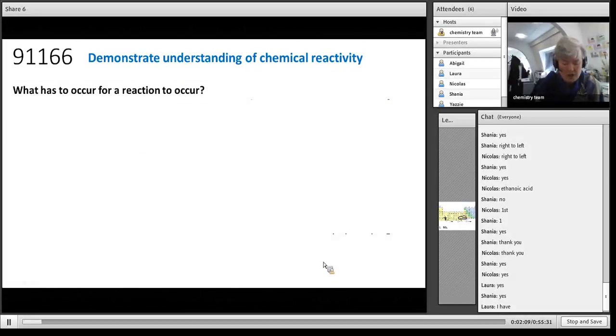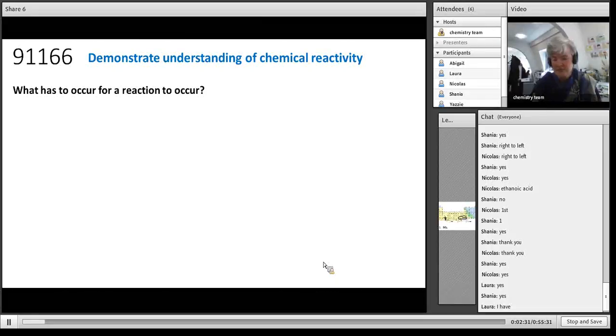So what are the sort of things they're going to be asking about and what you need to know? The first thing you need to know is what has to happen for a reaction to occur. You've got to be able to explain. Remember, I keep going on about that triangle, the macro, the micro, and the model.